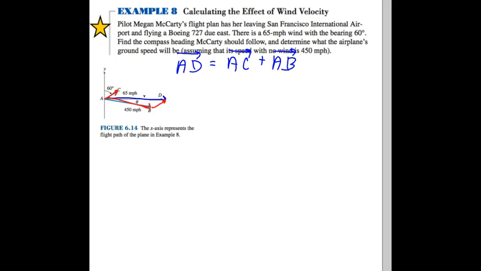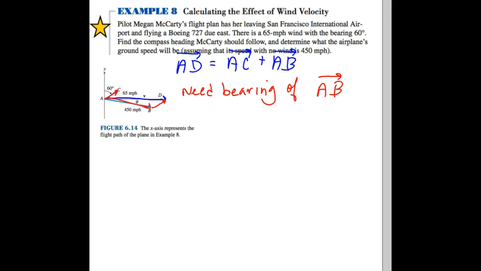They've asked us for two things. They want us to figure out what bearing she needs to fly at. So we're looking for the bearing of vector AB. Where should she actually head so that the wind pushes her so she's flying due east? And then they also said determine the airplane's ground speed. So how fast is she actually flying? How fast is that plane going?